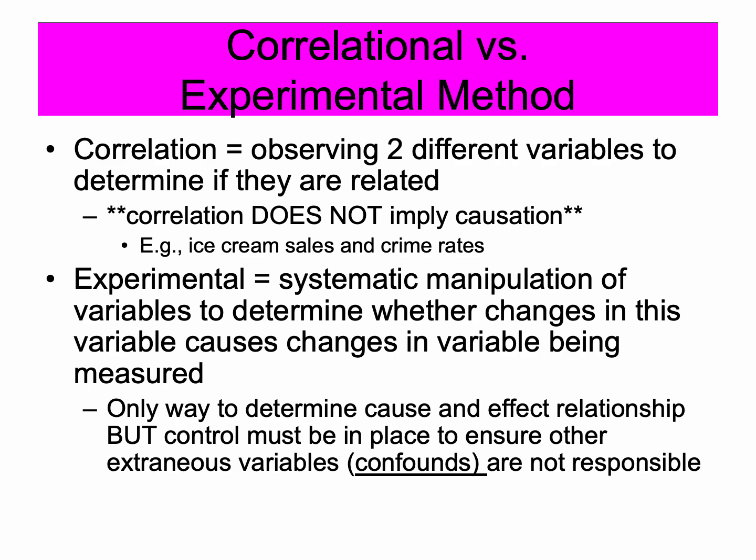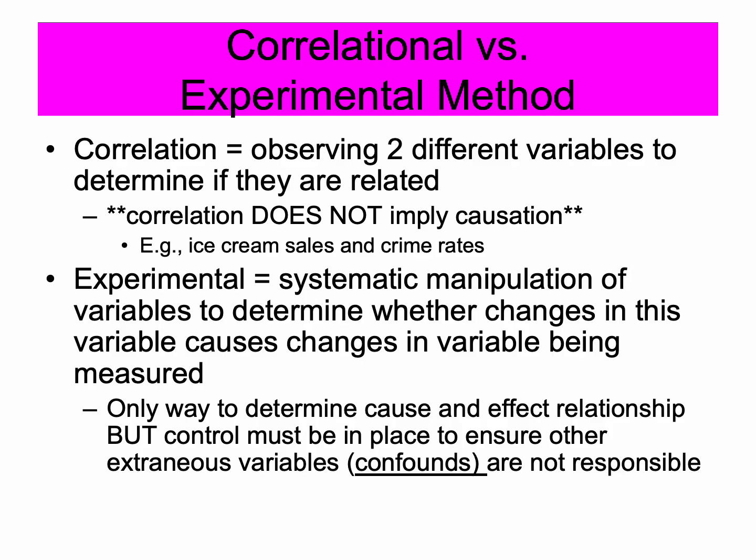So what you're manipulating is whether a group gets medication or whether they get therapy. And what you're measuring to determine which of these is better is anxiety level, right? That's the variable that's being measured. So again, the only way to determine cause and effect relationships is to run an experiment.